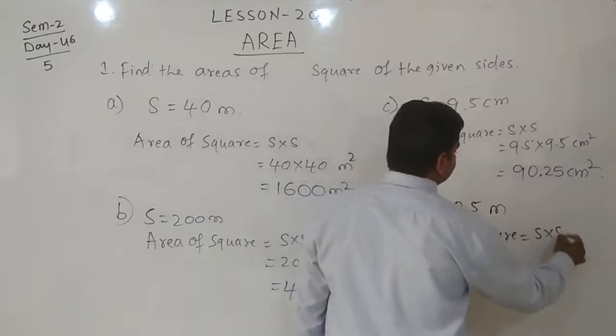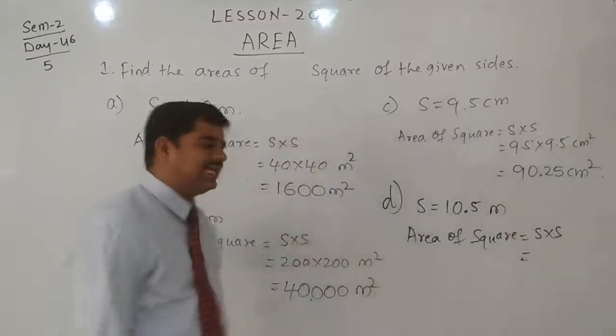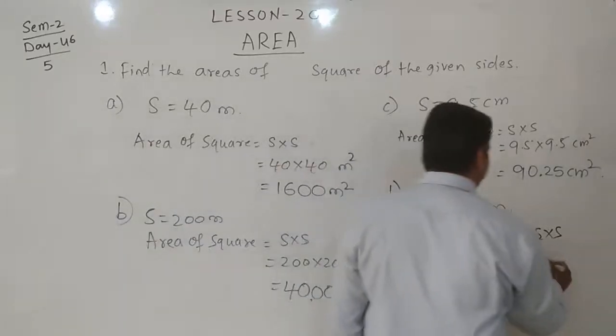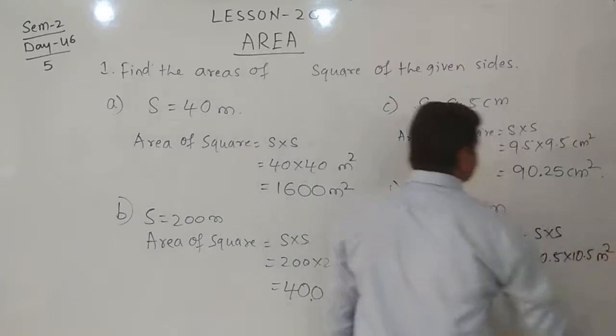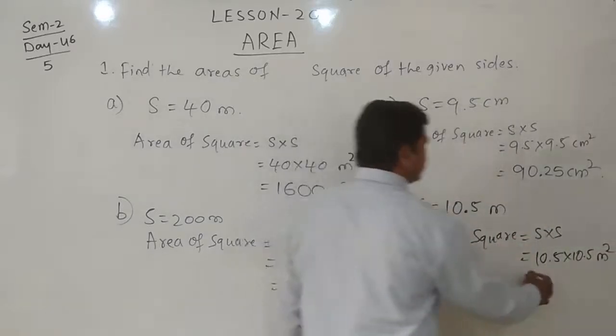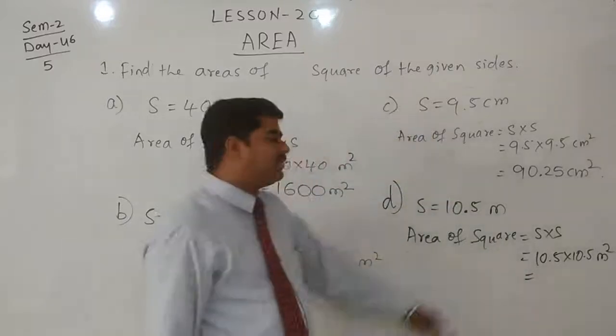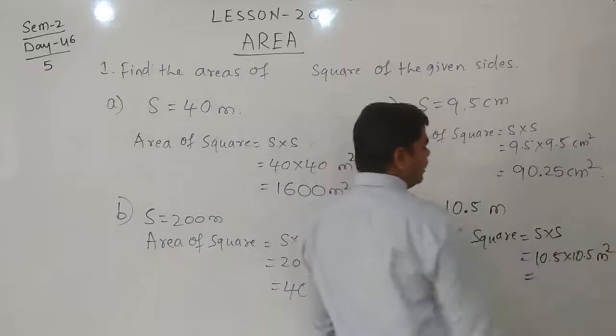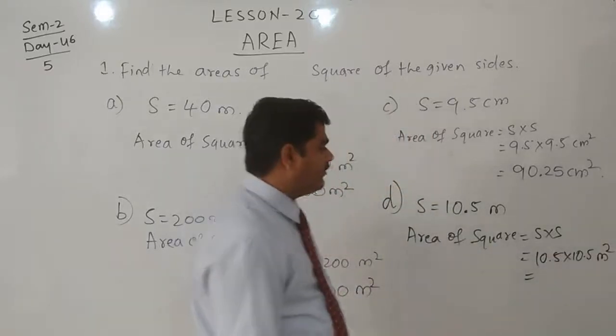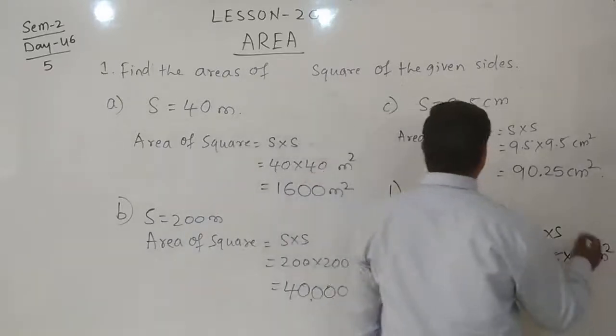S into S. Here S is the side. Then side S is 10.5 into 10.5 meter square. If meter is given, then again it is meter square. If centimeter is given, centimeter square. Here meter square. Then 10 tens are 100.